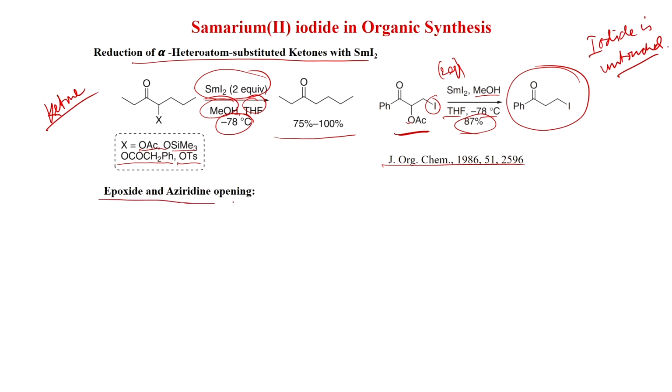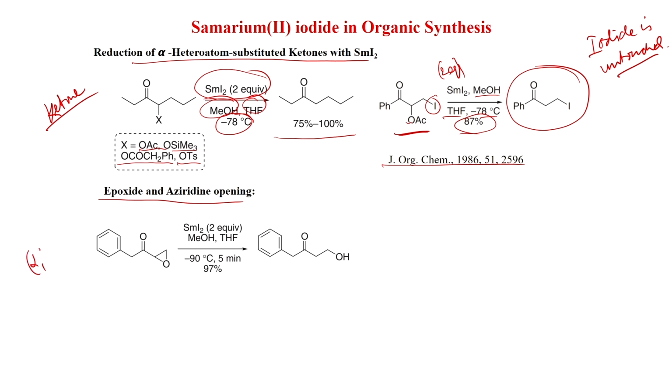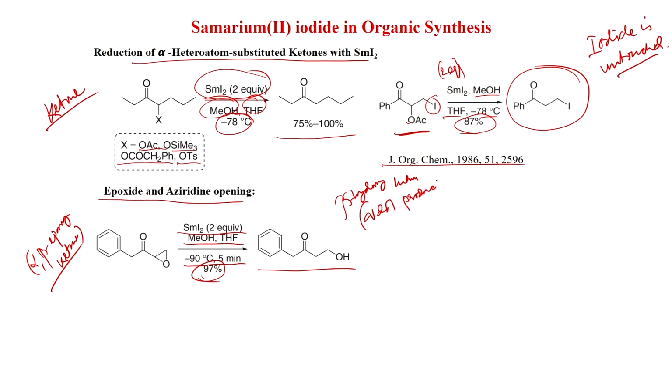Also, epoxide and aziridine can be opened if you have an alpha beta epoxy ketone. So, this is an alpha beta epoxy ketone, and after samarium iodide 2 equivalent, methanol, THF, minus 90 degree centigrade, only 5 minutes, you get 97% yield of this product. So, this is actually a beta hydroxy ketone, and this you can generate by aldol reaction. So, that is why it is called aldol product, because in aldol you have the ketone and formaldehyde.